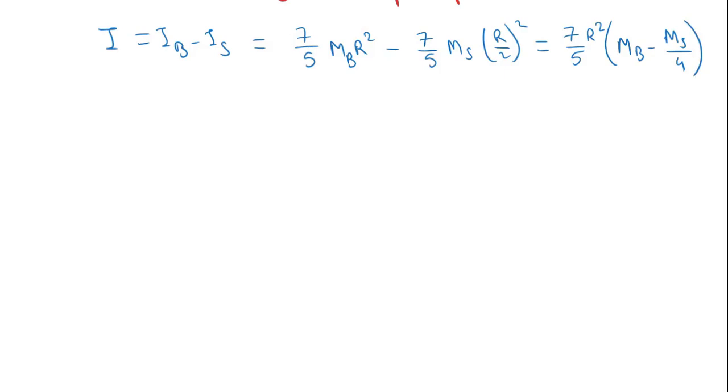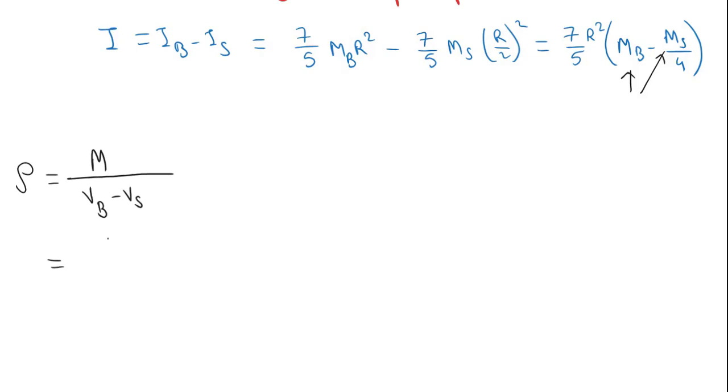Now one thing to note here is that we neither know mb nor do we know ms. The only thing that's given in the question is that the density of the thing is rho. The whole shape has a mass m. The relation between density and mass is given by rho equals m by v. So what we have to do here is the volume of bigger sphere minus volume of smaller sphere to get the density.